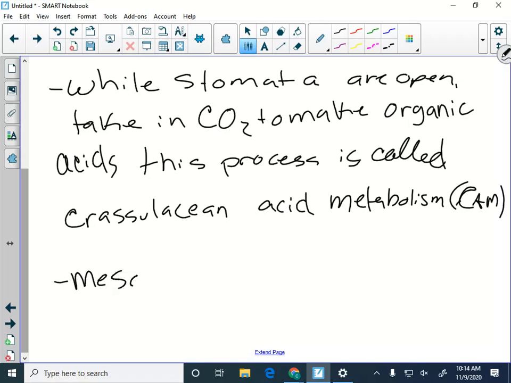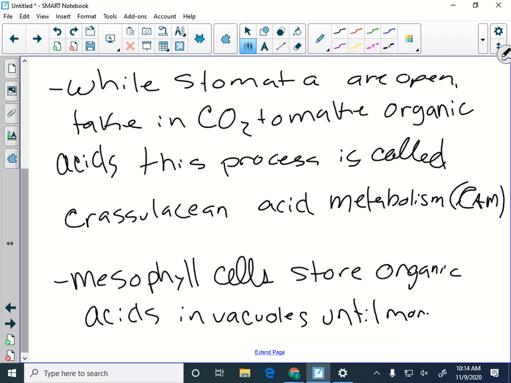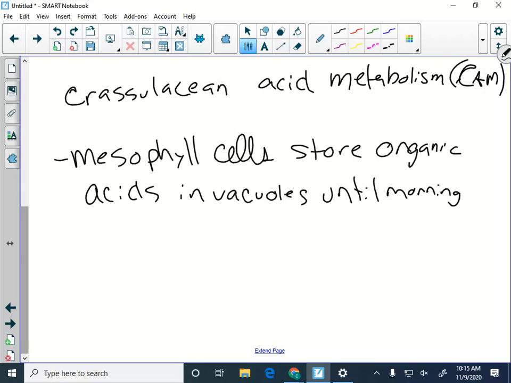Our mesophyll cells store these organic acids in vacuoles until morning. In the morning, those stomata close.